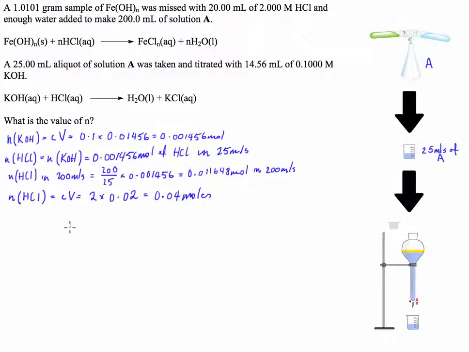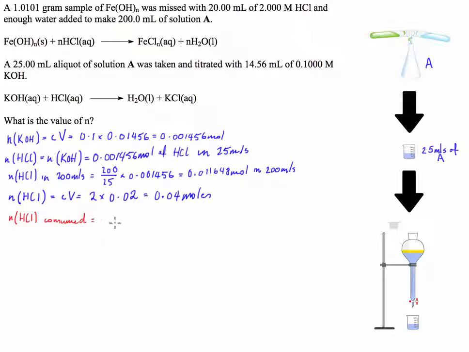So once we've got that, we can work out the number of moles of hydrochloric acid that's consumed through its reaction with the iron hydroxide.